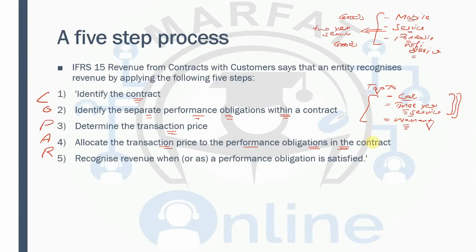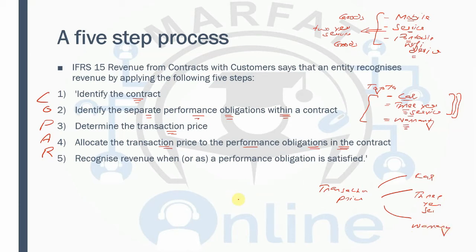But in the fourth step, you are going to split that transaction price among the different performance obligations. What is the price you are going to allocate to the car? What is the price you are going to allocate to the 3 year service? And what is the price you are going to allocate to the warranty?